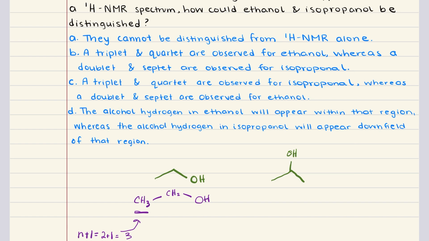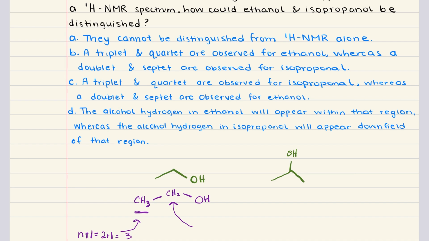Now let's look at the methylene group here, CH2. It sits between the methyl group and the hydroxyl group. But proton exchange with OH usually causes that proton to not couple. So we're really just focused on the 3 protons on the methyl group next to it.